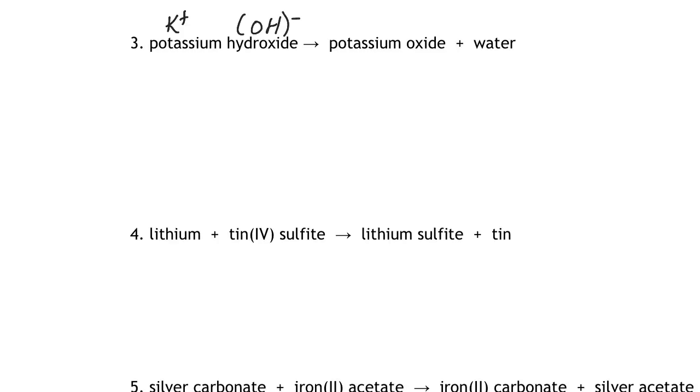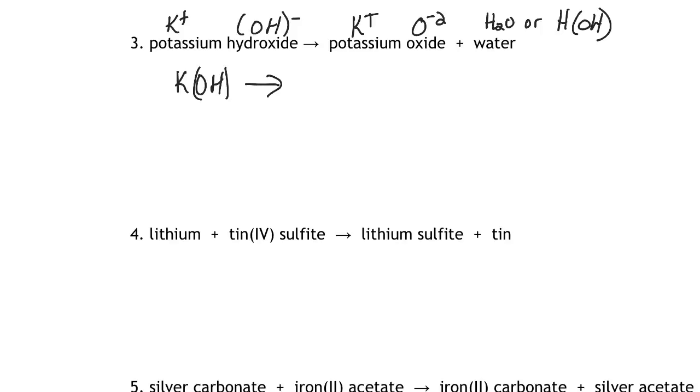Here's the hydroxide ion. Let's put these together. They balance off just the way they are. Potassium oxide, another ionic compound, and water. Now I have a couple choices here for water. I could write water as H2O, or I could write water as HOH.